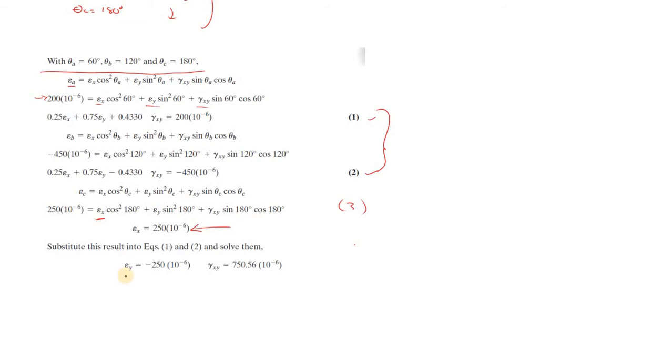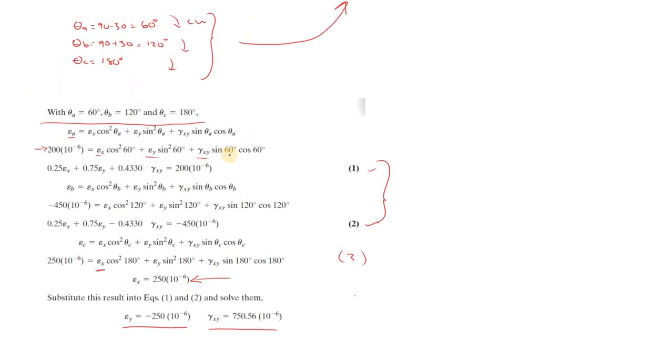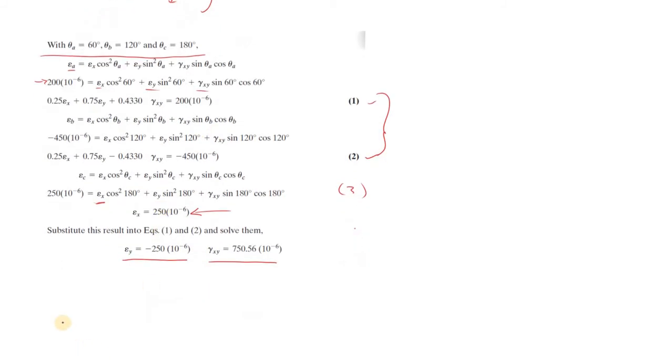And we're able to find our normal strain in Y and our shear strain as well. But what we're more interested in is, from these values, we want to now construct Mohr's circle.